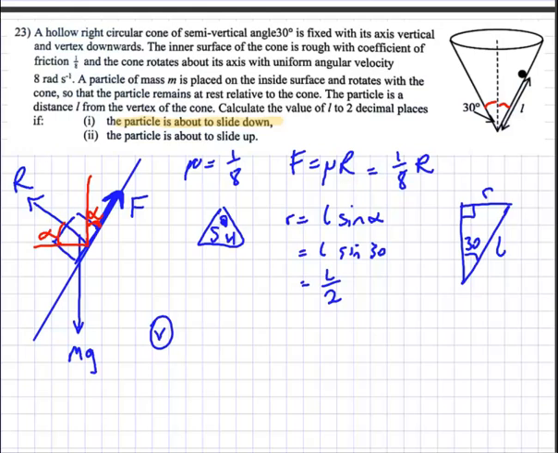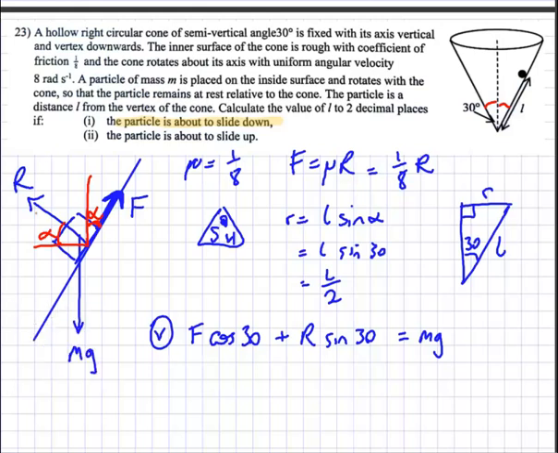The vertical component of the friction is the friction multiplied by cos 30. The vertical component of R is R sine 30, and that is going to equal the force acting down, which is the weight of the object, mg.